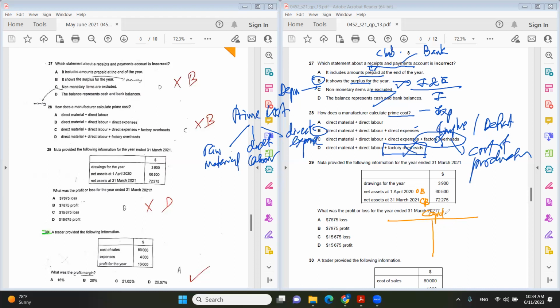So in the capital account, drawing is in here, 3,900. Net asset at 1st April, that means this is a balance b/d, 60,500. Whereas this one, net asset, 72,275. So this total debit, let me count, 3,900 plus 72,275.